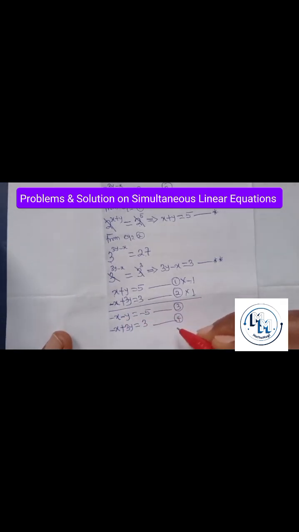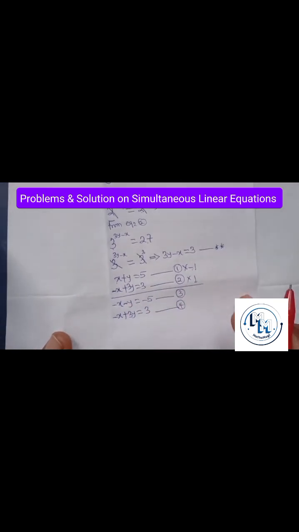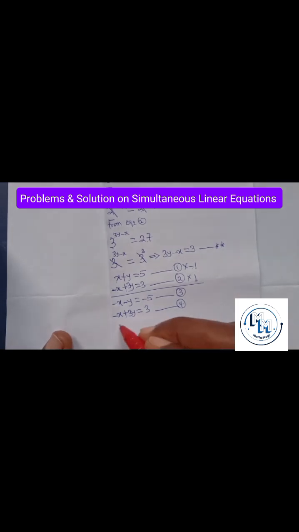I call this equation 4. My plan is to eliminate x and leave y. Now what I do is this: I will subtract equation 3 from equation 4, which is equation 4 minus equation 3.